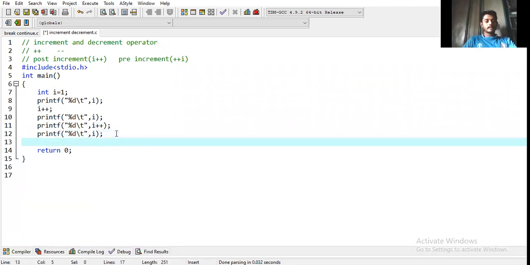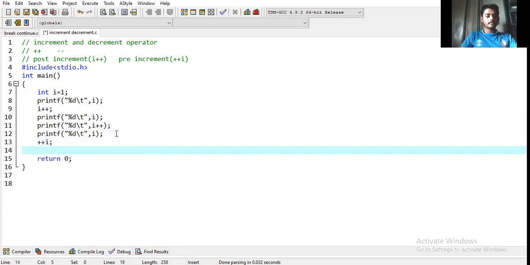Now come to the pre-increment operator. I have written plus plus i. Let's see what will be printed here.